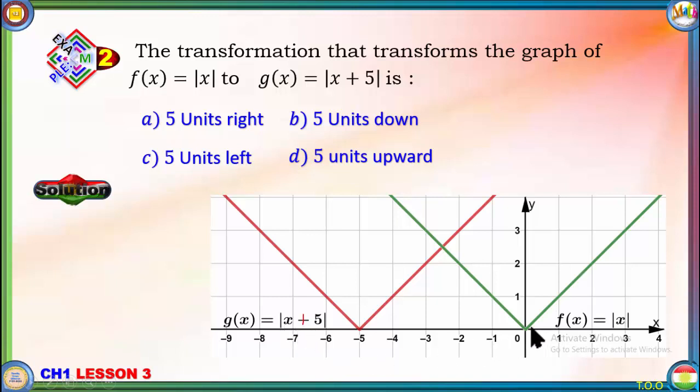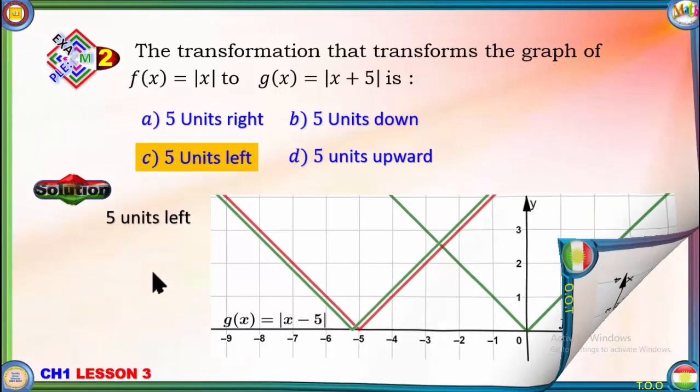If we want to find the graph of g(x) by moving f(x) 5 units, 1, 2, 3, 4 and 5, that means we are moving 5 units to the left to find g(x). That means C is the correct answer.